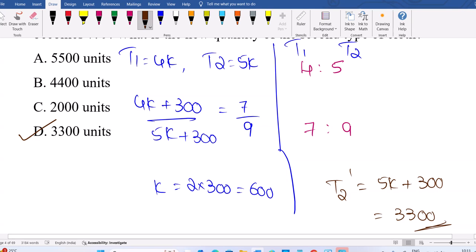Don't write 9 into 4K, 36K plus 9 into 300, 35K and all. Do some steps in your mind. Cross multiplying, 36 and 35, K is the difference. Here 9 into 300, 7 into 300, we get 2 into 300. K value is nothing but 600, right? So we can consider the K value and map those things. So finally, the new one is 3,300.